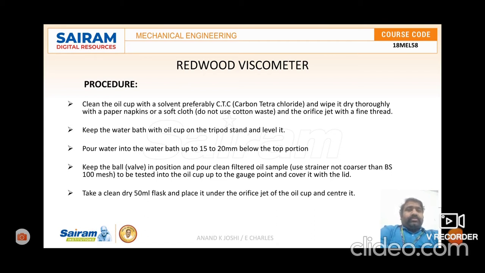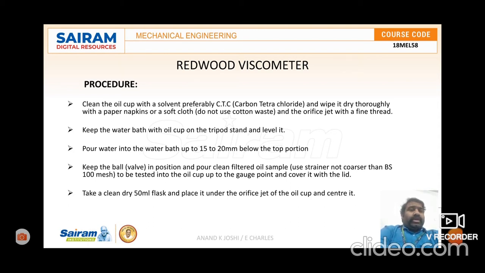Then keep the water bath with the oil cup on the tripod stand and level it. With the level indicator we have to ensure there is no imbalance and that it is perfectly level. Next, pour water into the water bath up to 15 to 20 mm below the top.